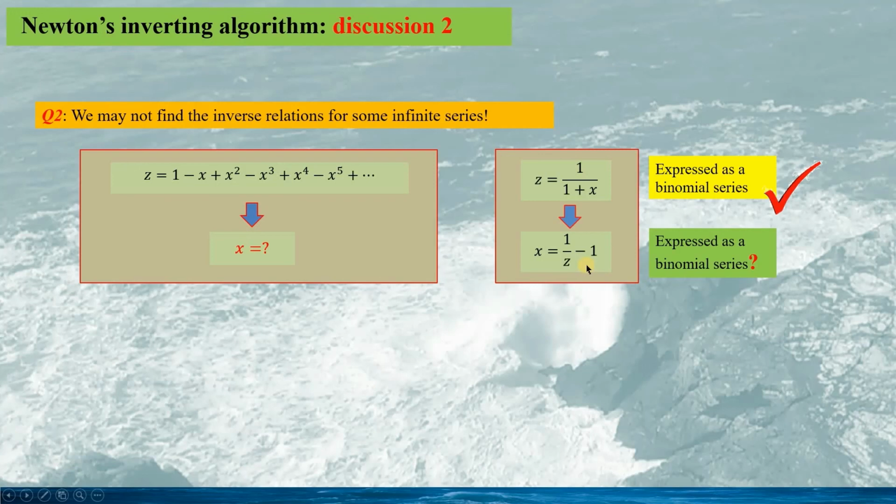However, the second expression here is not a binomial function. Hence, we cannot use Newton's binomial series to get the series for this expression. That's why we don't have the inverse series for this series.